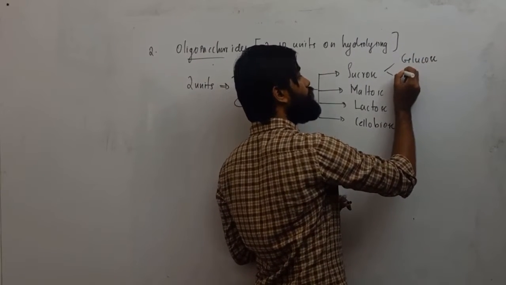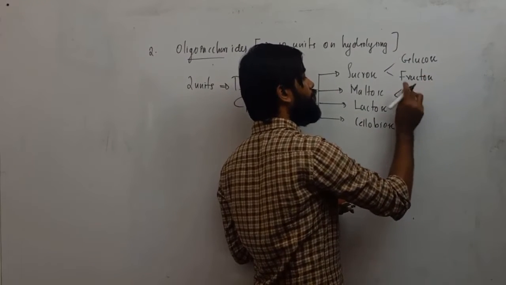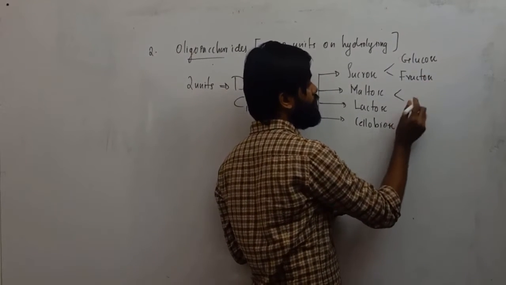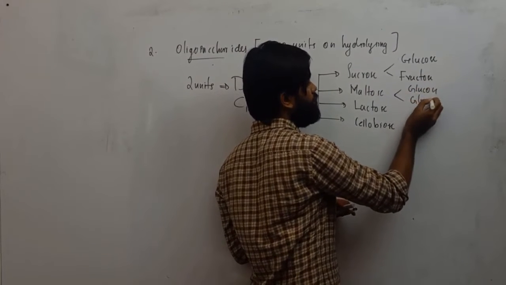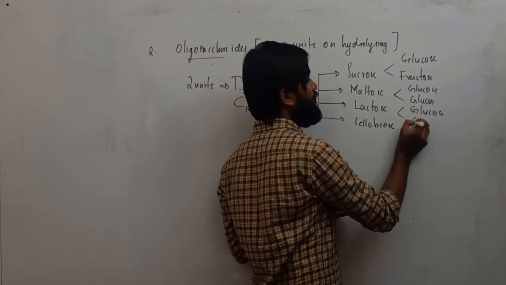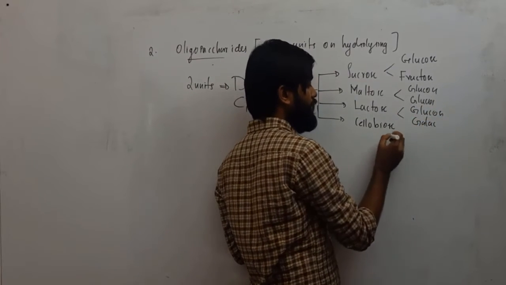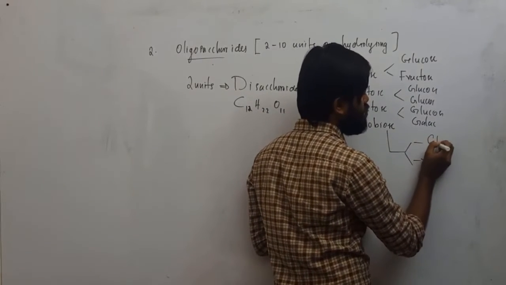Both are simple units, monosaccharides, you know. In maltose, glucose and glucose. In lactose, glucose and galactose. In cellobiose, glucose and glucose.